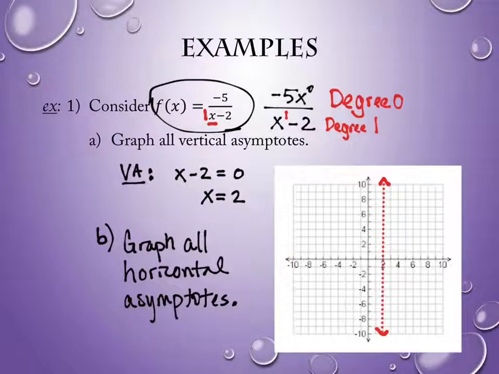What case are we in when we do this? It was case 1, and case 1 says that my horizontal asymptote is what? 0. Can you say that with a line instead of a number? Good. So it'd be y equals 0. Make sure that you're stating lines when you get to the asymptotes.